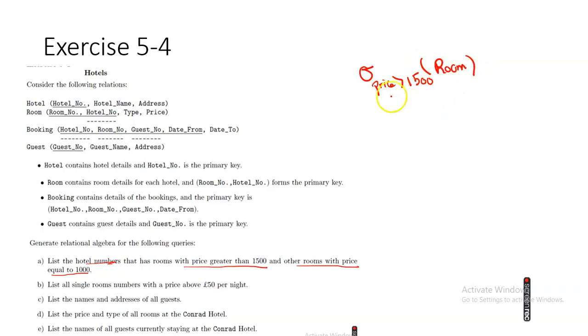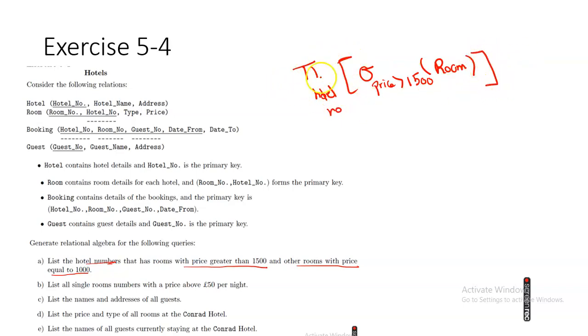This one will get all the tuples or the rows of the rooms greater than 1500. Do we care about the whole row or we just care about certain info? We care about the hotel number, so we can project hotel number.